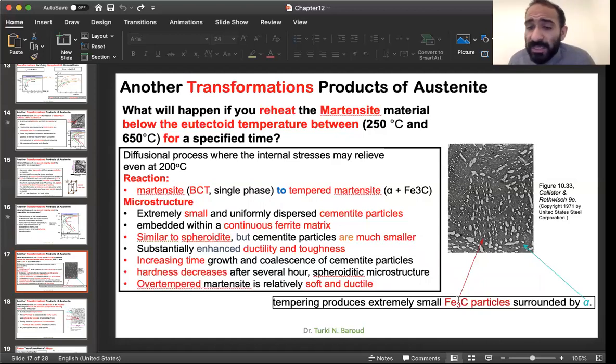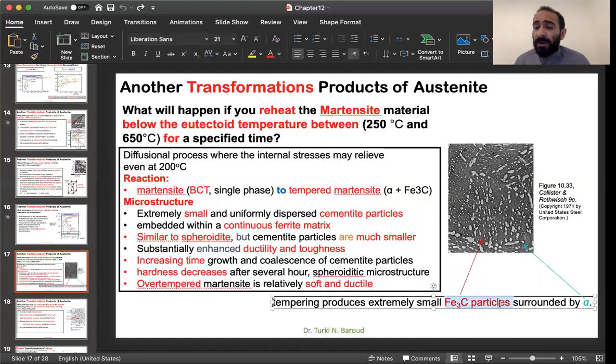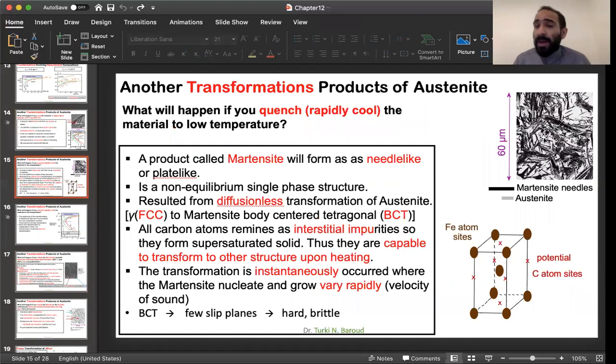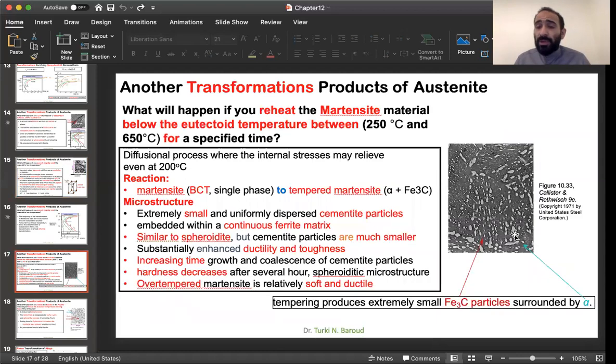These small spheres are the iron carbide particles, and the matrix is going to be the alpha matrix. So martensite does not have alpha or iron carbide, but when you heat it up, you end up with small spheres of iron carbide in a matrix of alpha. This is called tempered martensite.